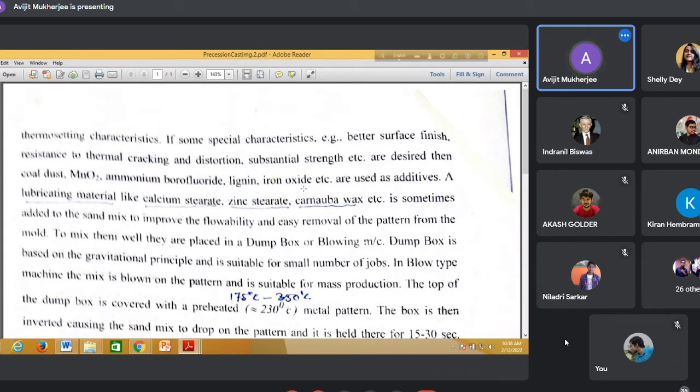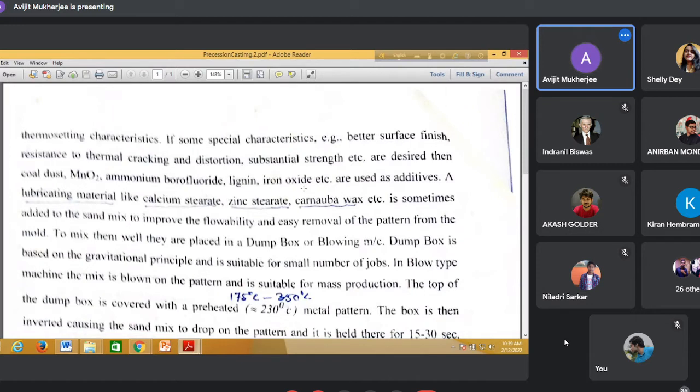There is a desired property, flowability, plasticity. To enhance this property, these lubricating materials are used so that the molding mass can spread to each and every sharp corner, intricate corner of the pattern, right?